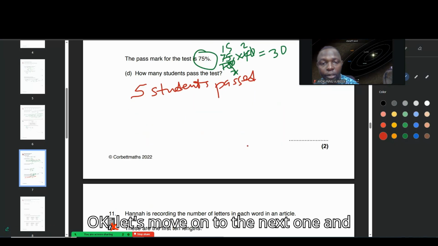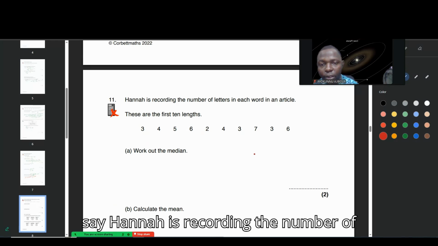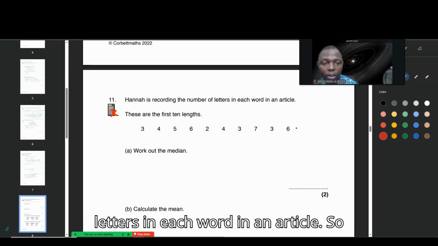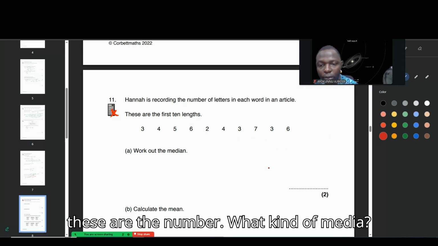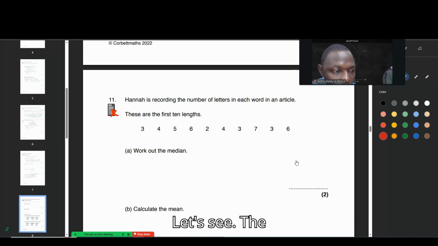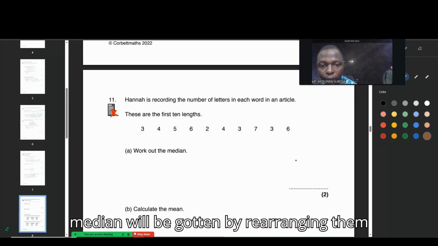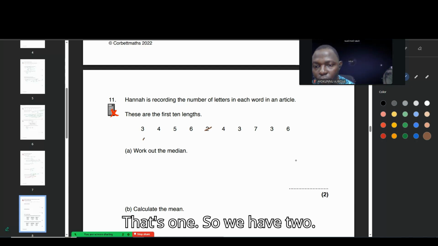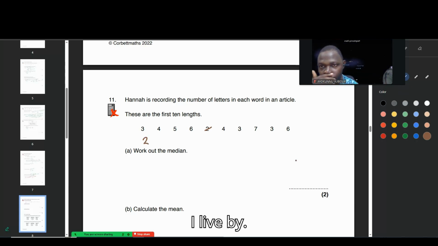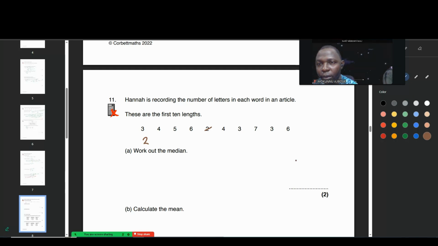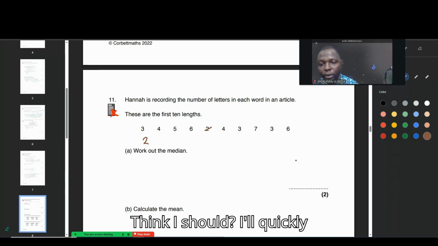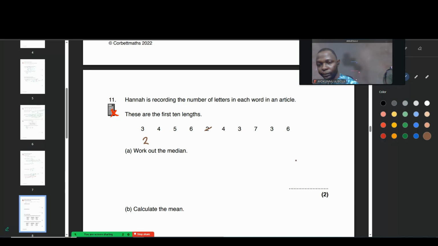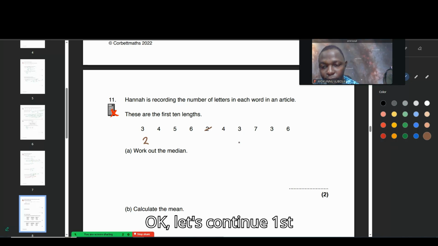Okay, let's move on to the next one. Anna is recording the number of letters in each word in an article. So these are the numbers. What is the median? The median will be gotten by rearranging them. We have two.